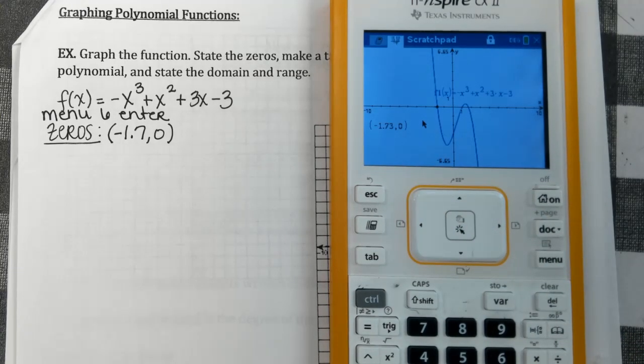Y'all do the next x, try to get the next x-intercept.